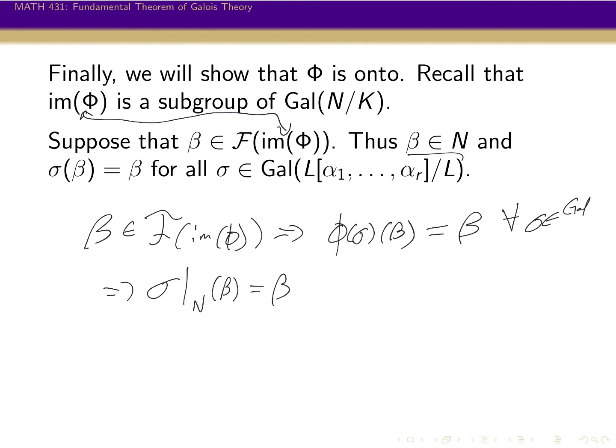But since beta is in n, this just means that sigma of beta equals beta for all elements of the Galois group.